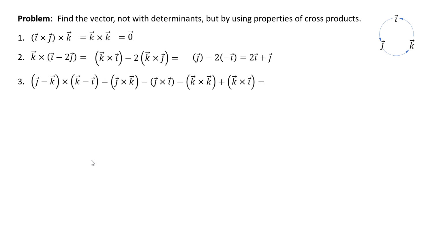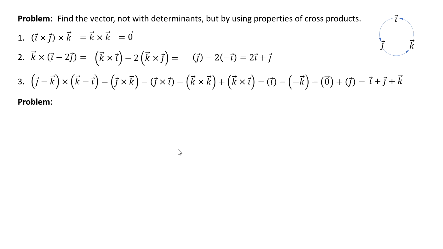It's a fairly straightforward property. Okay, j cross k is i, j cross i is negative k, k cross k is 0, k cross i is j. Ain't that right? So this is going to be i plus j plus k.